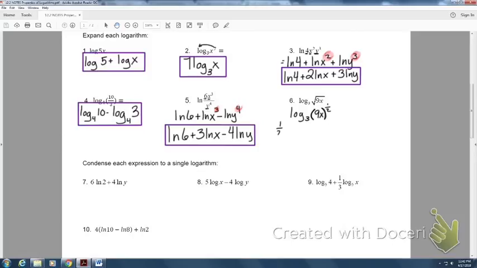So I'm going to have 1/2 log base 3 of 9x. Now, if I expand this multiplication after I've moved an exponent, that means that you're going to have parentheses. Okay, because that 1/2 was originally attached to both the 9 and the x because both the 9 and the x were underneath the radical. And so I end up with something like that.